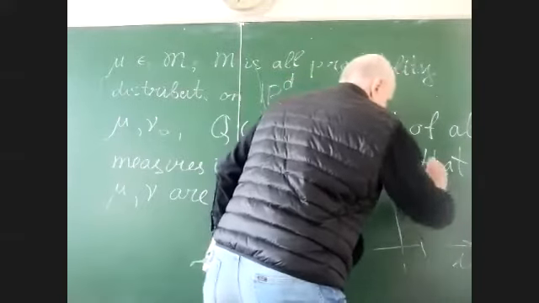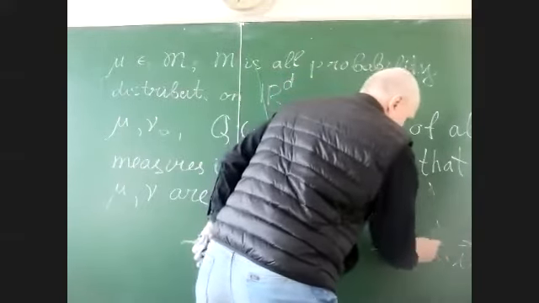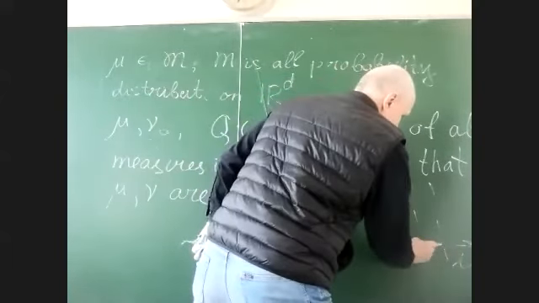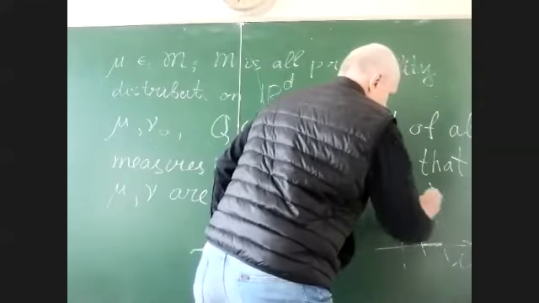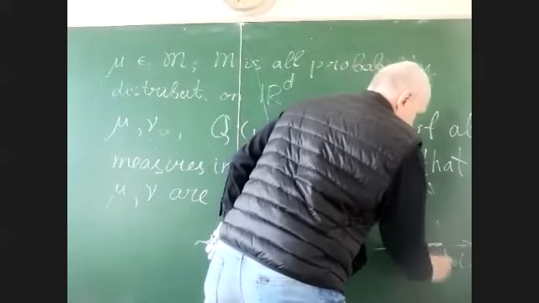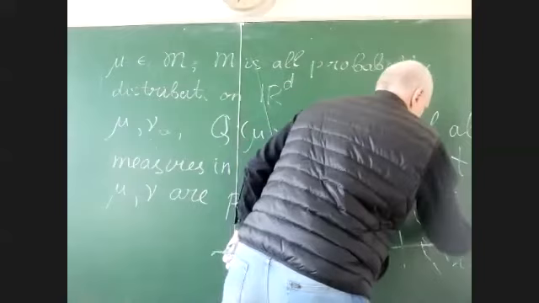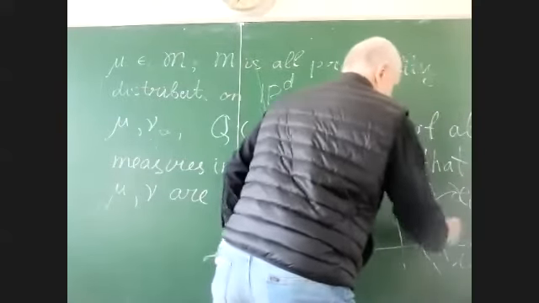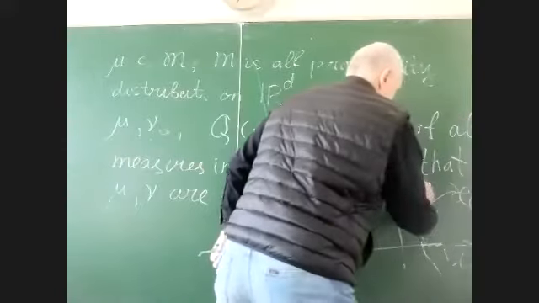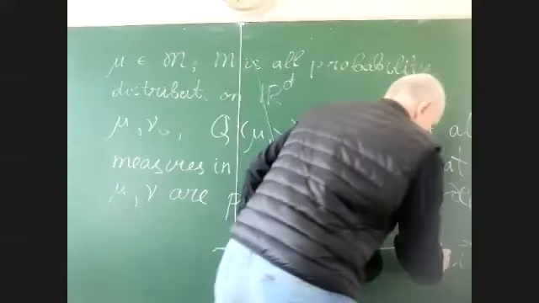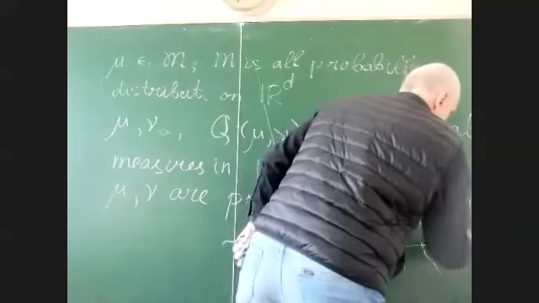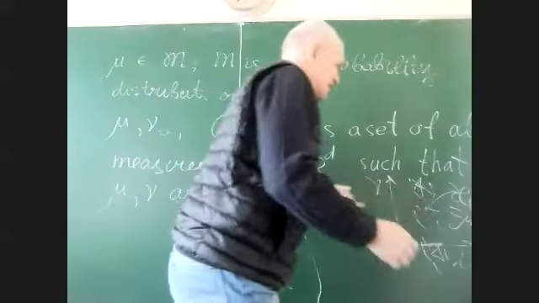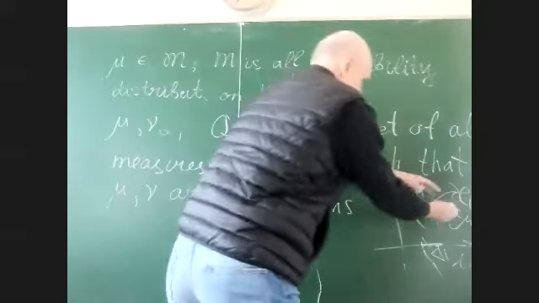Then, if I consider a projection, such a cylindrical set, then the kappa of this set, let me denote it by D, for example, will be equal to mu of D. And the same happens when we make the projection there.